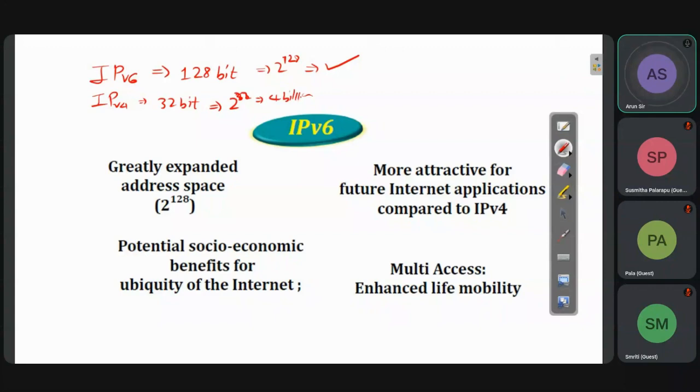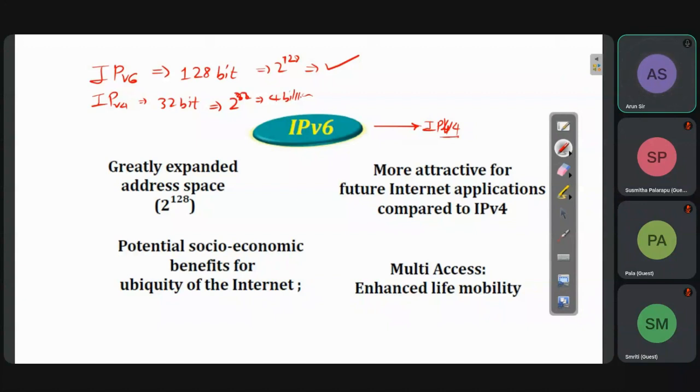This is already done in the backend, and whenever you search or ping with any command that we are going to see, you will understand that IPv6 is also present in that. But in the front end, still for understanding purposes, we are using IPv4. Otherwise, IPv6 is now running, and all the IoT devices strictly use IPv6, not IPv4.